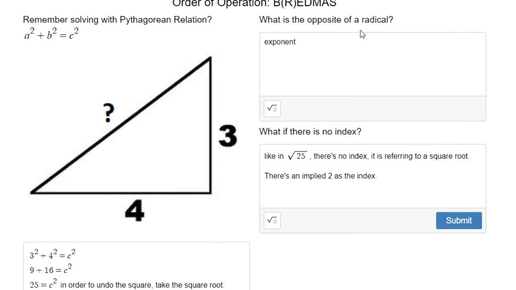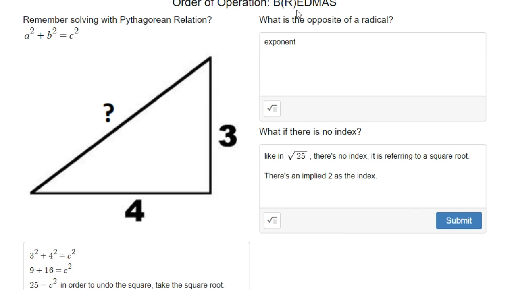So remember in order of operation, when you do division and multiplication, those two are kind of on the same level. As long as you're going from left to right, it doesn't matter whether you're doing division or multiplication first. And same thing for addition and subtraction. Well, this works also for the radical and the exponent.